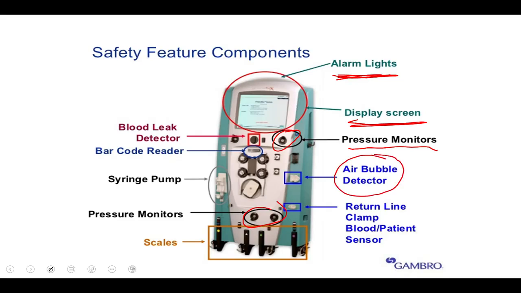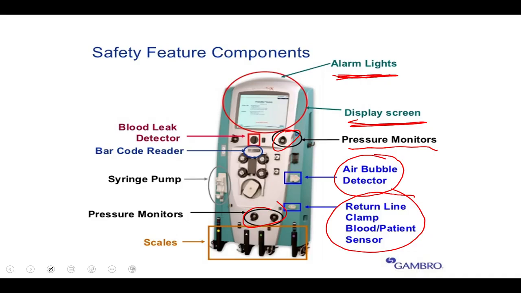Air bubble detector, super important. This is used to avoid any air going inside the blood, so it detects any air that's going to go inside the blood. The return line clamp, also called the blood patient sensor, is usually clamped right before the blood goes into the patient if there is any error happening before.